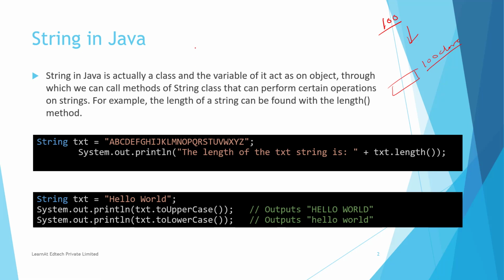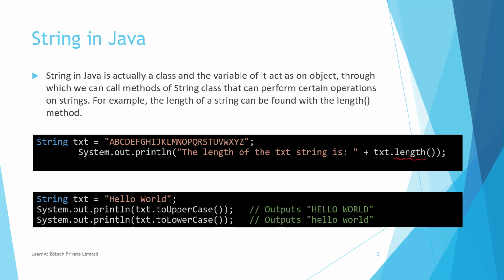And space is also calculated when we count the characters. So String is a class and a class has methods, right? In whatever programs we have made, we have seen methods inside a class. In the same way, String has a lot of methods with a lot of functionality, like this length method.